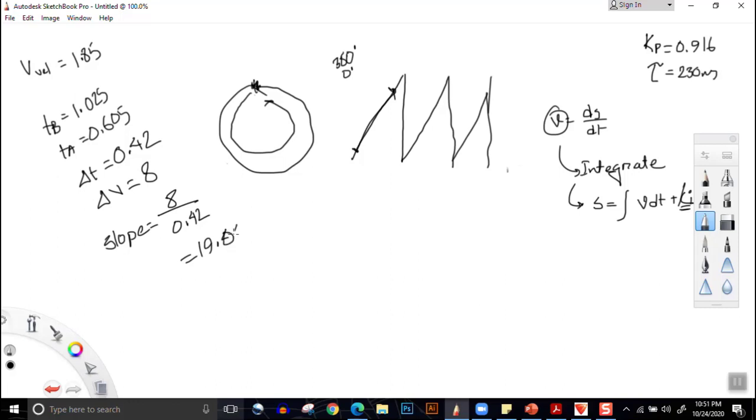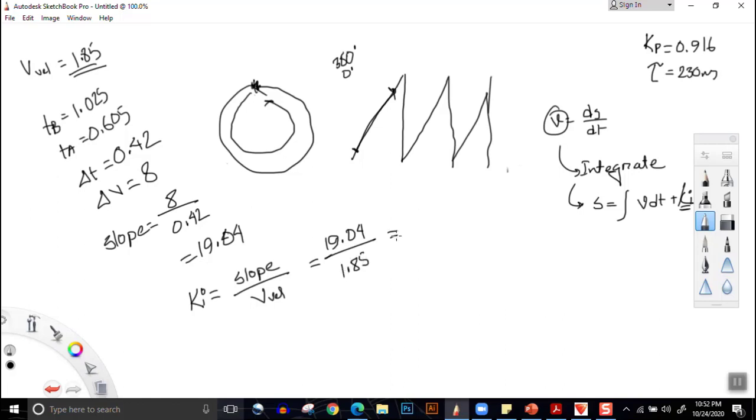If you check the data sheet, the values for all these things are there. We have already determined V well is 1.85. Now our integrator gain Ki is equal to slope divided by V well. So it will be 19.04 divided by 1.85.